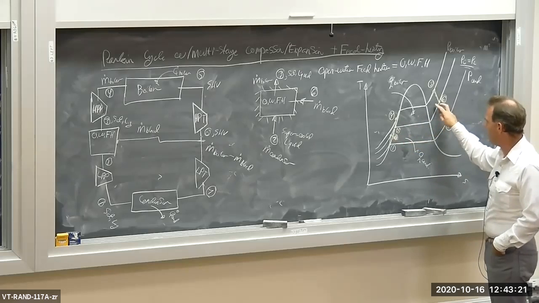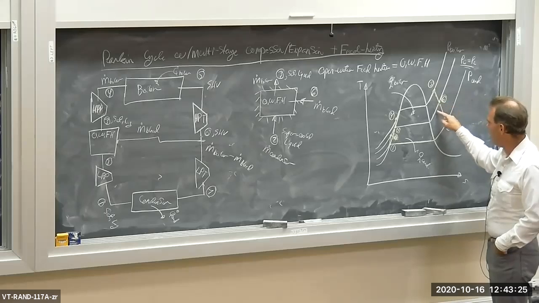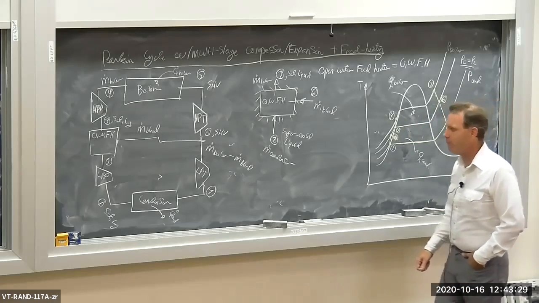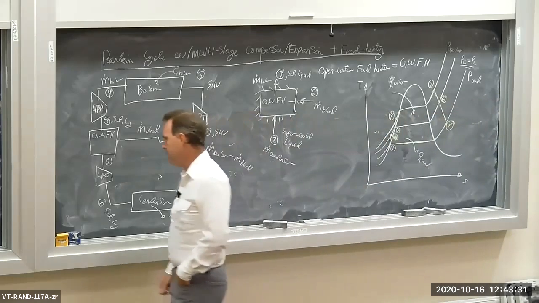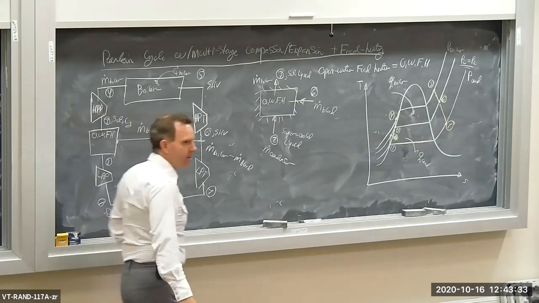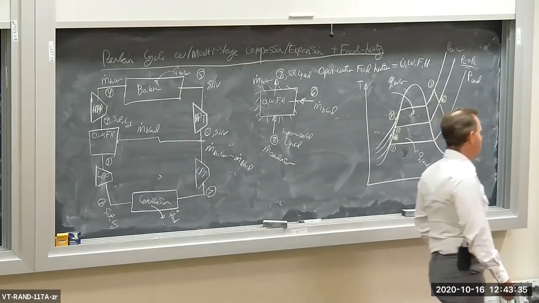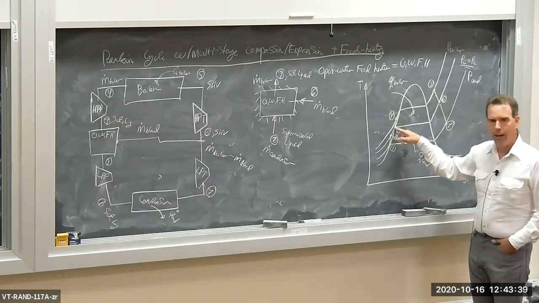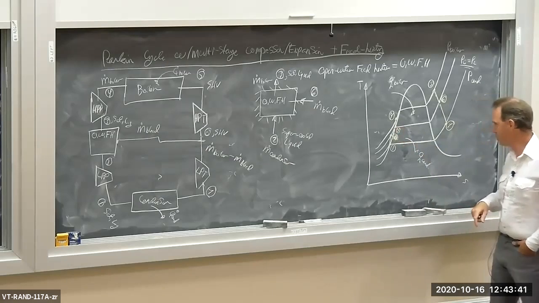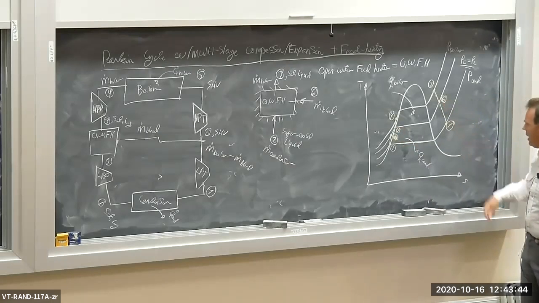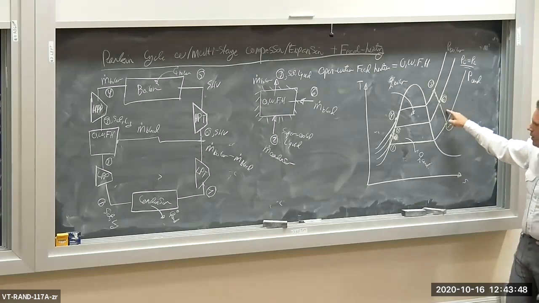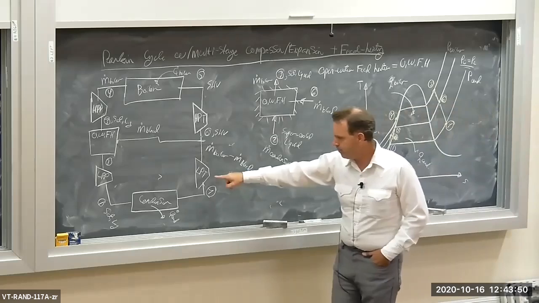All the turbines and pumps I'm drawing here are irreversible. And then again, we bleed off some of this superheated vapor at the intermediate pressure and use it to preheat the high pressure pump intake. And then we expand the remaining H2O down to the condenser pressure in the low pressure turbine.